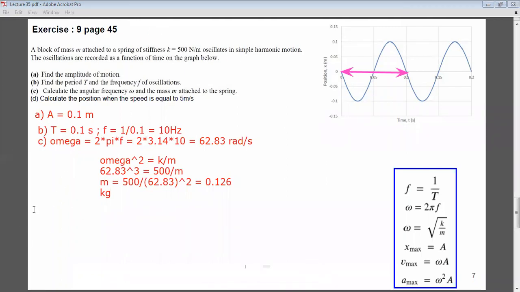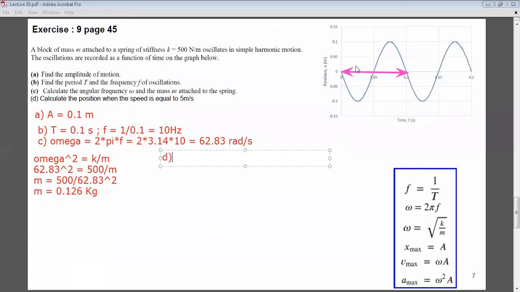Part D. Calculate the position when the speed is equal to 5 meters per second. They are giving me the speed, 5 meters per second, and they're asking me to calculate x. Here I don't have any option but to use friction equal to 0, which implies mechanical energy is conserved.